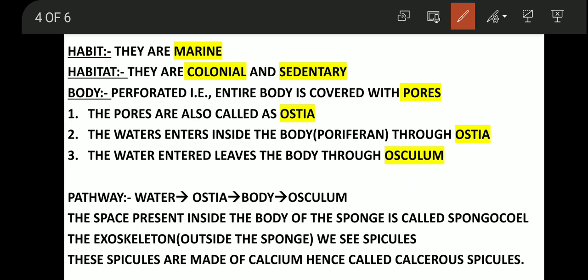The space present inside the body is called the spongocele. This is the sponge and these are the pores.